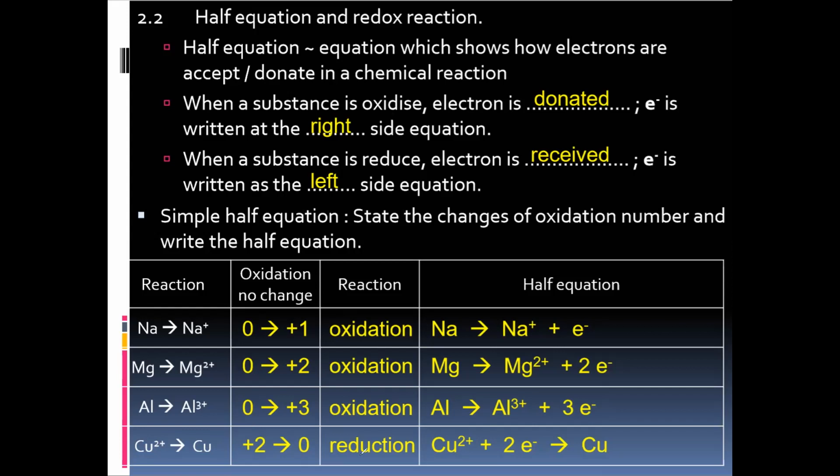So this is reduction. So Cu2 plus. In this case now, I won't put my plus 2e minus on the right. I'll put it on the left because this is where I have a charge, 2 plus. So if I put plus 2e minus, this is 2 minus, plus 2 minus 2 will be 0. So this is 0, this will become 0. So that is how to commit that to memory.